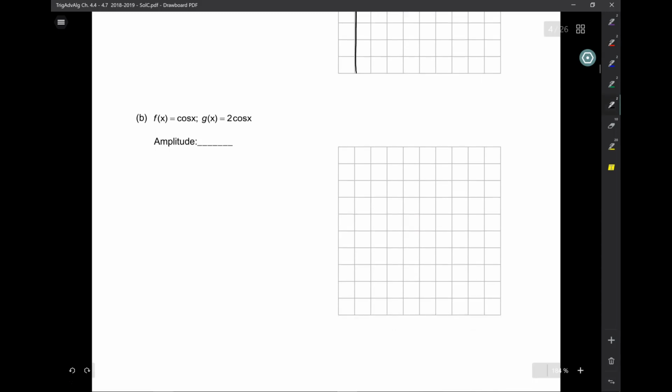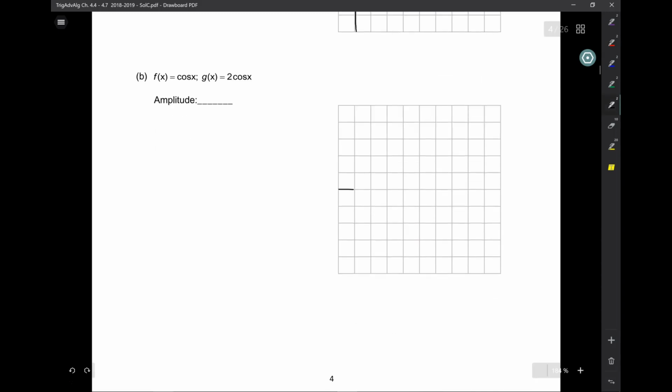Okay, all right, let's go to a cosine. All right, so I'm going to quickly draw my x-axis. Cosine also goes from 0 to 2 pi. Yes? So I have 0. Okay, you know what? This time, just for fun, I'm going to do what they were suggesting here and spread this out a little.